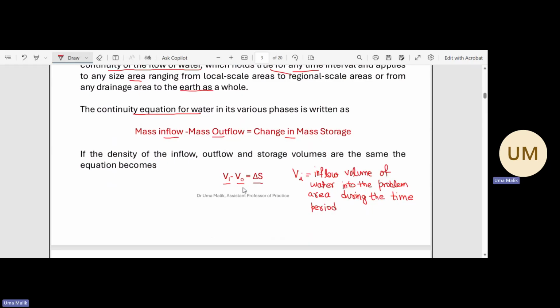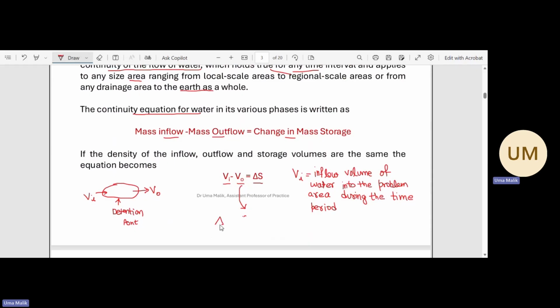And VO, subscript O, is the outflow volume of water from the problem area during the time period. So it is the outflow volume from the area. If I am considering this as my detention pond, I have VI coming in and VO going out.